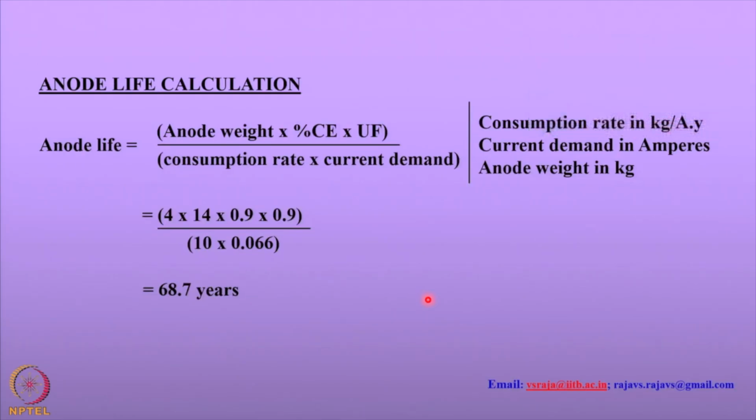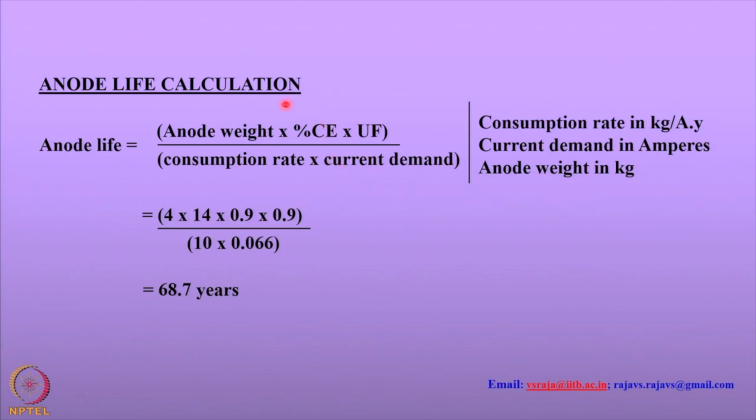Now, we talk about 4 anodes, and so what is the life of the anodes? The life of the anodes is given by this equation: the anode weight, current efficiency, the utility factor, the consumption rate, and current demand.